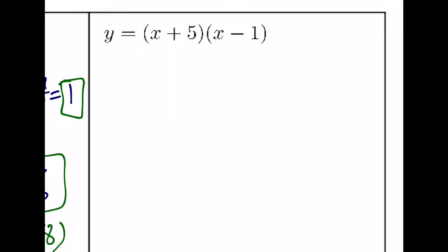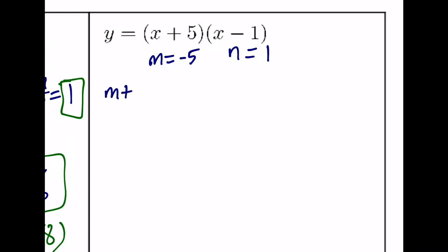The next type of quadratic we'll look at is the intercept form, and you can recognize this because there are 2 sets of parentheses. To figure out m, we would take x plus 5 equal to 0 and solve it. But a faster way of doing that is just taking the opposite of this plus 5. So m is a -5, and n is the opposite of -1, so it's +1.